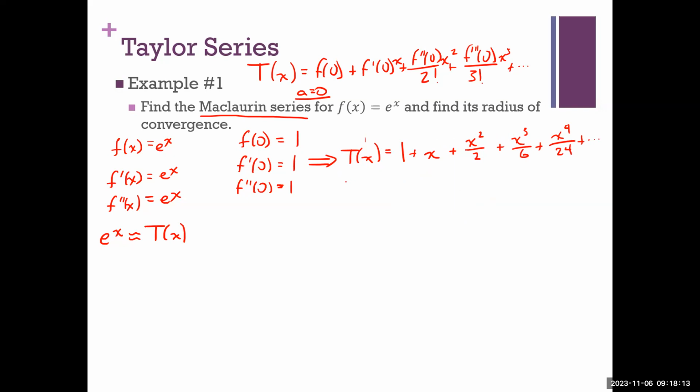So we talked about the derivatives of e to the x. Those are pretty easy to talk about because all the derivatives are the same function. Let's take the derivative of this polynomial. What's the derivative of T with respect to x? Derivative of 1 is 0. Derivative of x is 1, plus x, plus x squared over 2. Is this looking familiar?